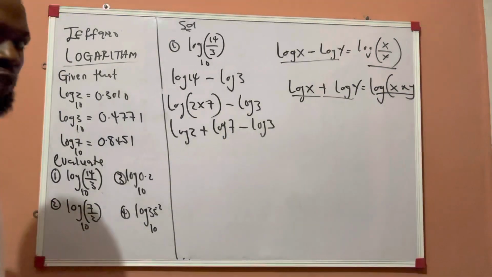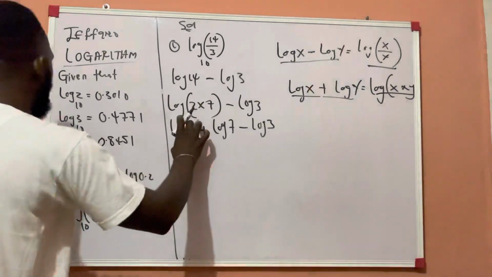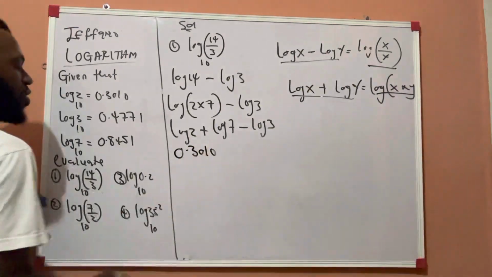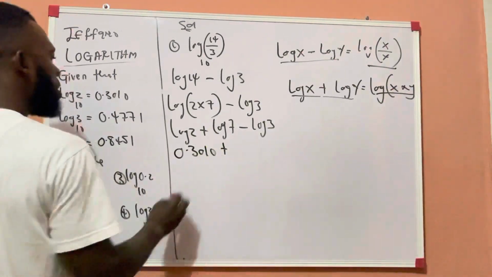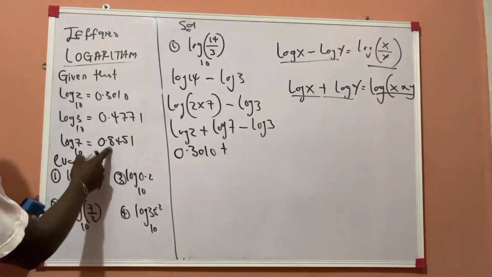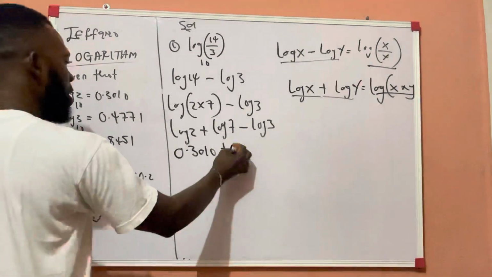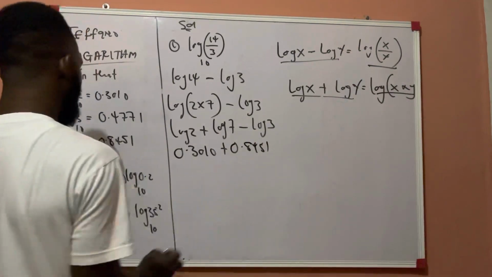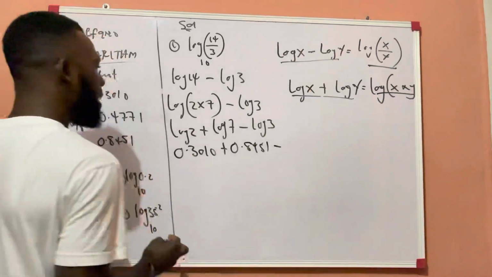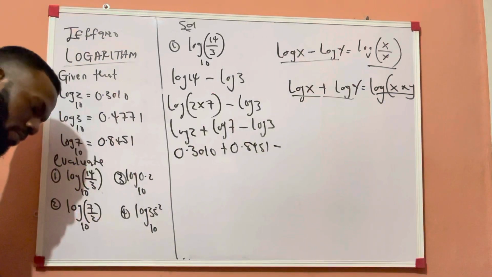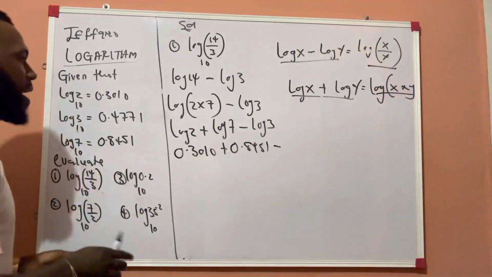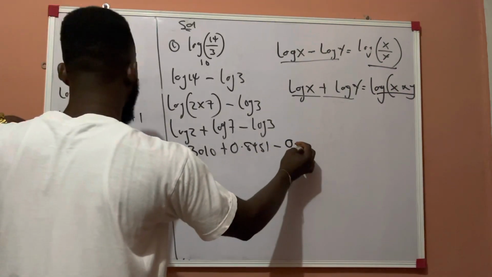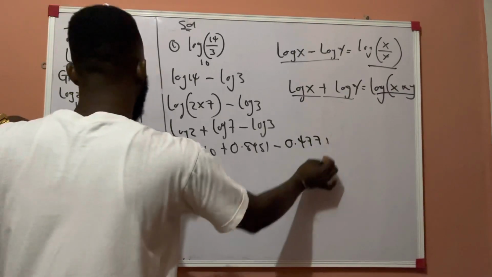So what do we do? We substitute their values. Anywhere I see log 2, I'll give 0.3010 plus. Anywhere I see log 7 gives us 0.8451. And then minus, anywhere I see log 3, log 3 is 0.4771.